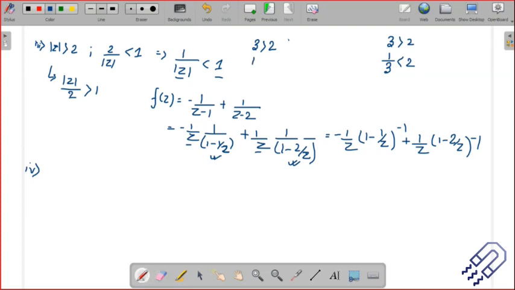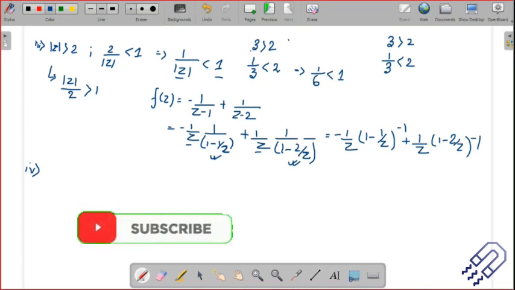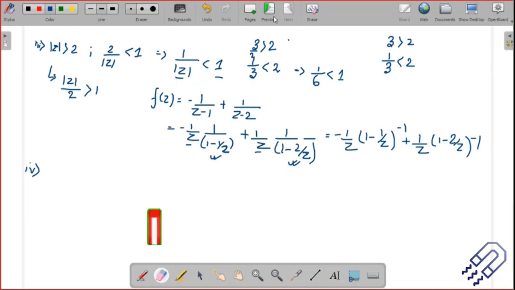So 3 is greater than 2, that means 1 divided by 3 is going to be less than 1. Now you might have a term like 3 by 2, which is 1.5. This example I think is not correct. Let me take a practical example and then I can show it.